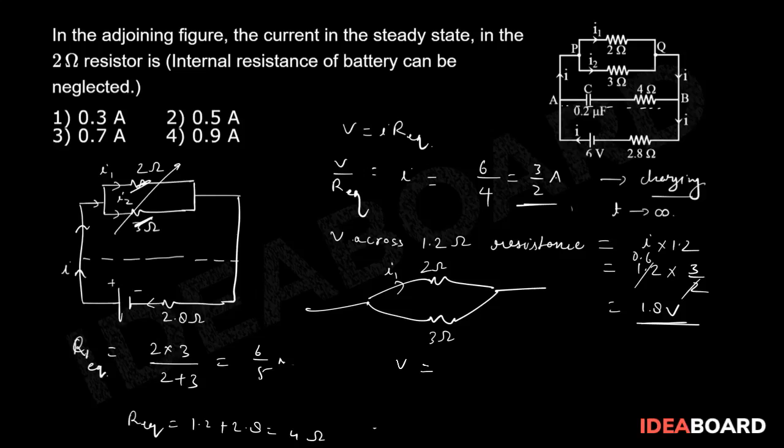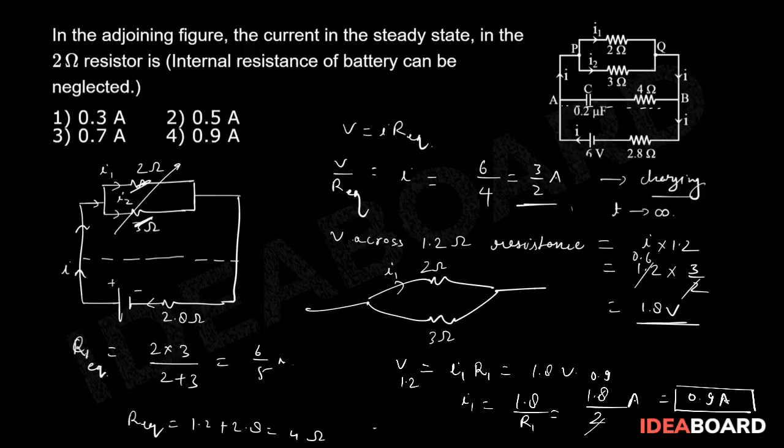So V across 1.2 is equal to I1 into R1, which is 1.8 volts. Now R1 we know, so I1 is going to be 1.8 divided by R1. R1 is nothing else, I assumed 2 ohm. So this is 1.8 by 2, which is finally 0.9. So 0.9 ampere is your final answer. Which option is the right choice? Option number 4 gives us the right choice.